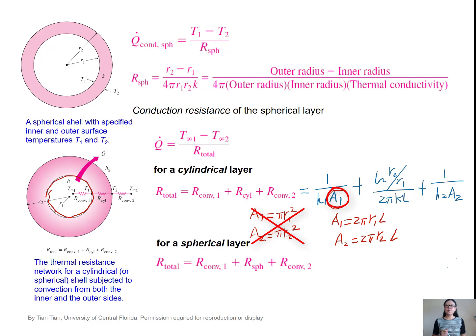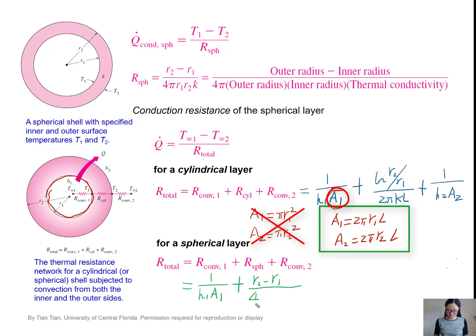If this was a spherical layer, the total resistance is the summation of the three resistances. The first convection resistance is 1 over h1 A1. The conduction resistance is r2 minus r1 divided by 4 pi r1 r2 k.